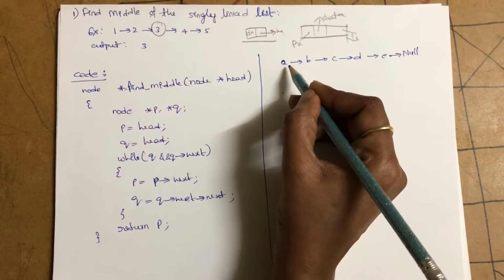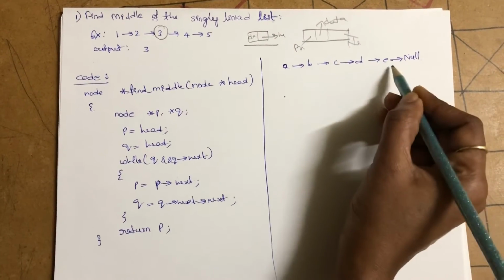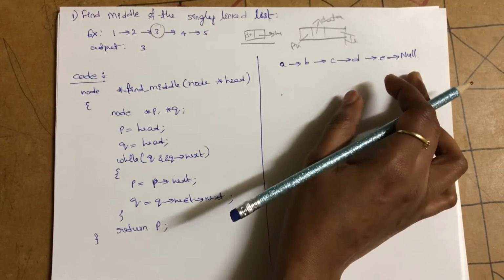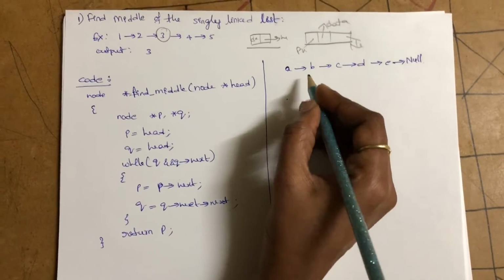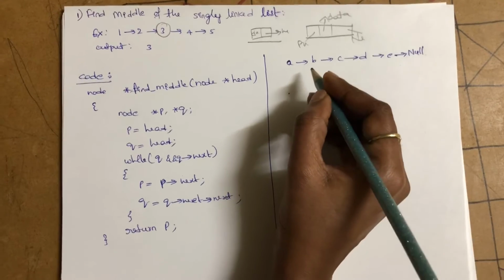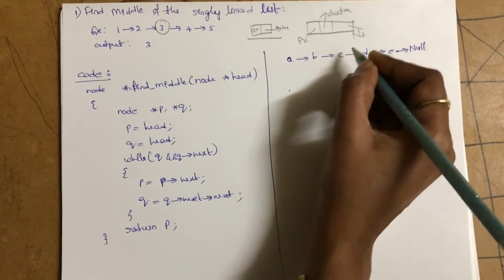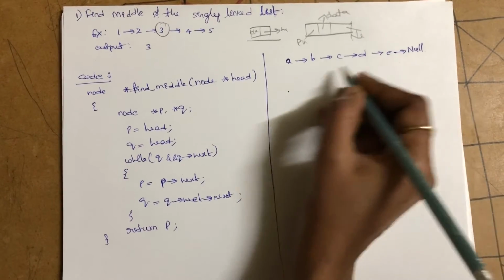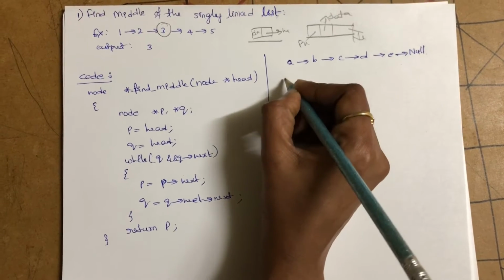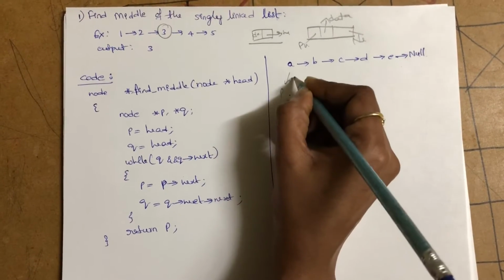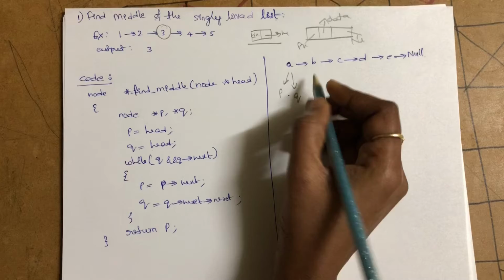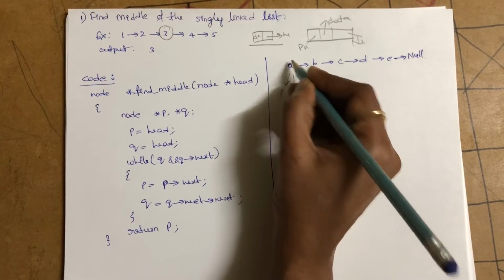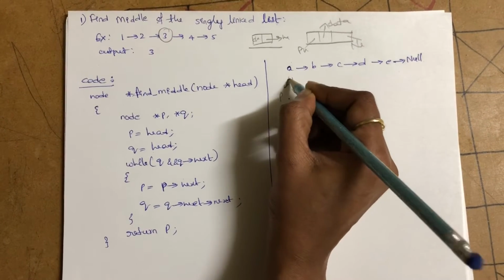For example, if we have taken A, B, C, D, E as the singly linked list, my approach to finding the middle is to take two pointers, P and Q, and initialize them to the head of the linked list.